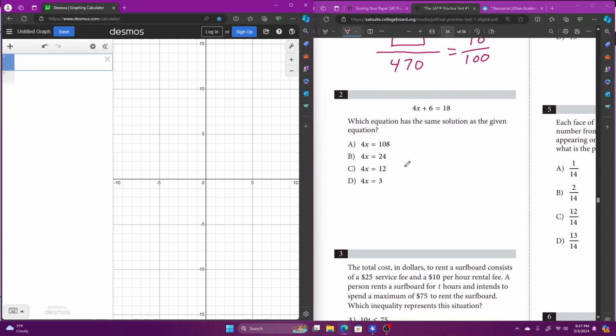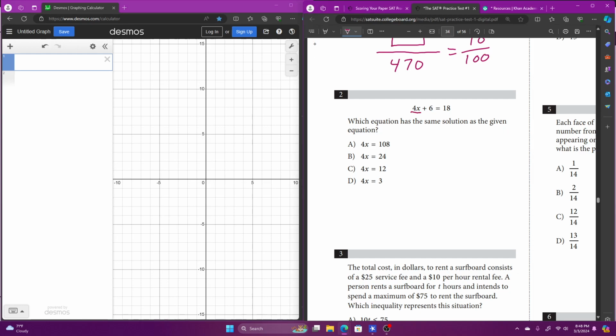And question number 2 says, which equation has the same solution as the given equation? For this one, we have 4x plus 6 equals 18. And all of these have the 4x by itself. So I know I want to leave my 4x and get rid of my plus 6.